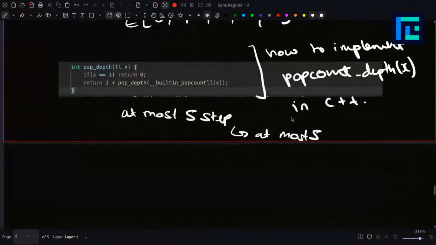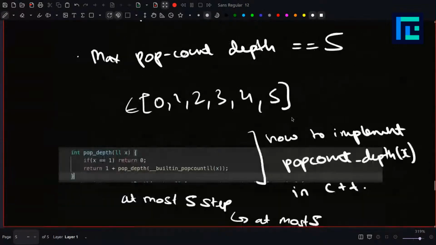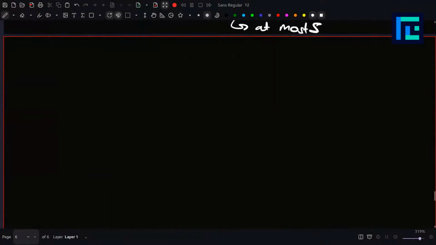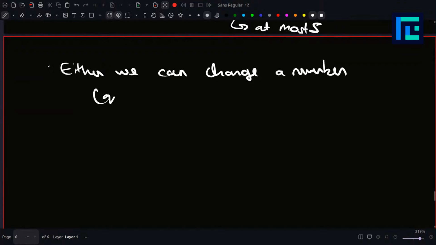Okay. So now that we know how to find the pop count depth for some number, what was our question again? Our question was basically either we change a number, that is query type 2.